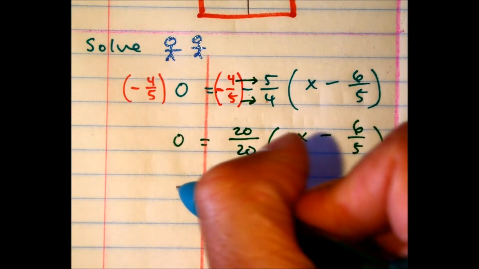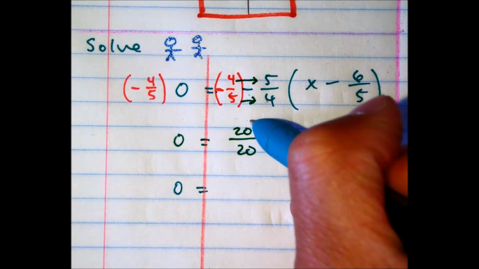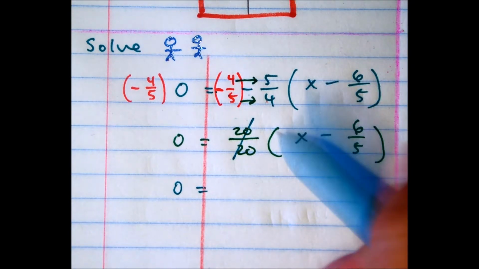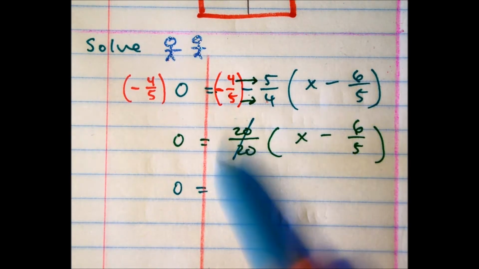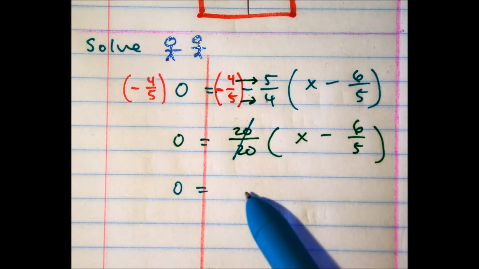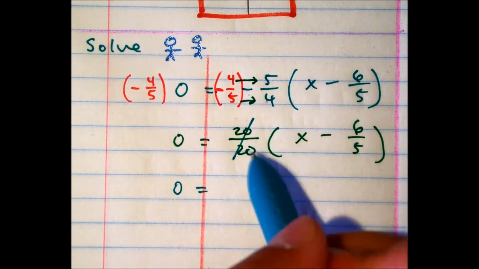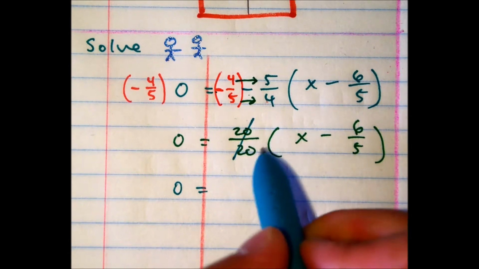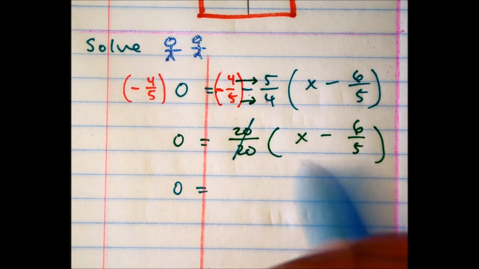Class, what's 20 divided by 20? 0. Remember, it's 1. Because if it's a 0, 0 times anything is 0, and this would just be a 0. But 20 divided by 20 is 1. Now, I don't have to write that 1, and I don't have any other number here, so I can drop the parentheses.